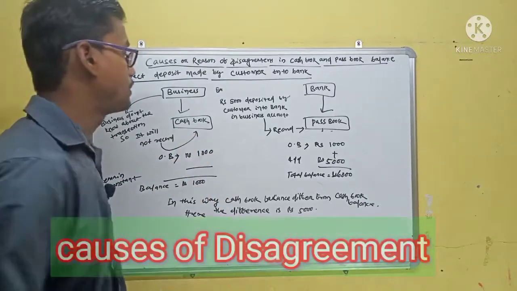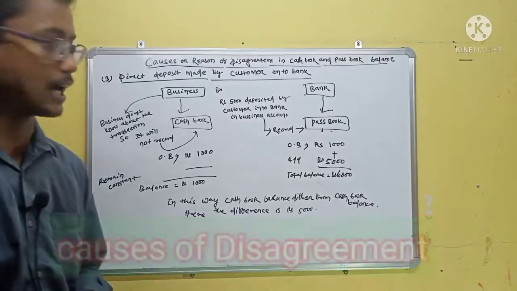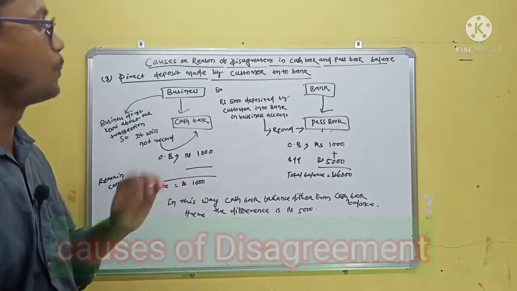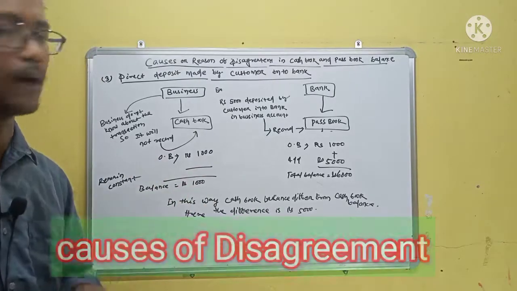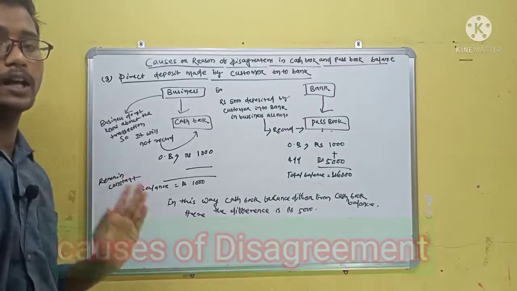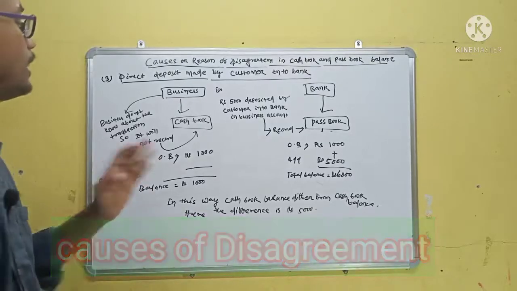Suppose rupees 5000 is deposited by a customer into the bank in the business account. So when cash is deposited into the bank, the bank records such an amount in the passbook balance, but the business does not know about the transaction, so it will not record it in the cash book.